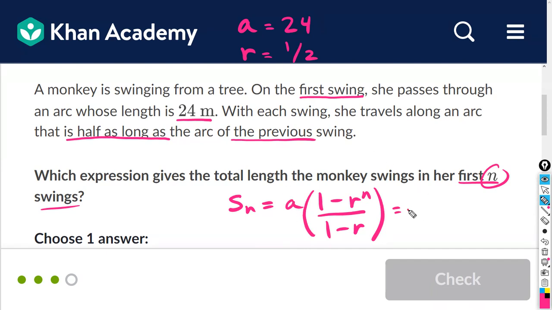That's 24. And that's 1 minus r, so it's going to be 1 minus 1/2 to the power of n. They didn't give us a number for n. And on the denominator, it's just going to be 1 minus 1/2. So that's it. There's your answer.